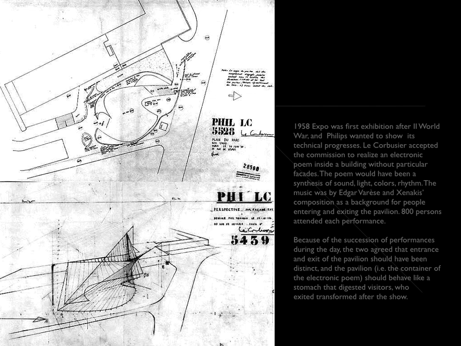Because of a succession of those performances, it was a kind of walkthrough situation, and Le Corbusier called it a stomach, which kind of digested the visitors and transformed them during the show. You can see the plan, and it is kind of organic in some ways, a little bit like a stomach. And you see the roof plan or view of the basic geometry of the conceptual stage of the project.